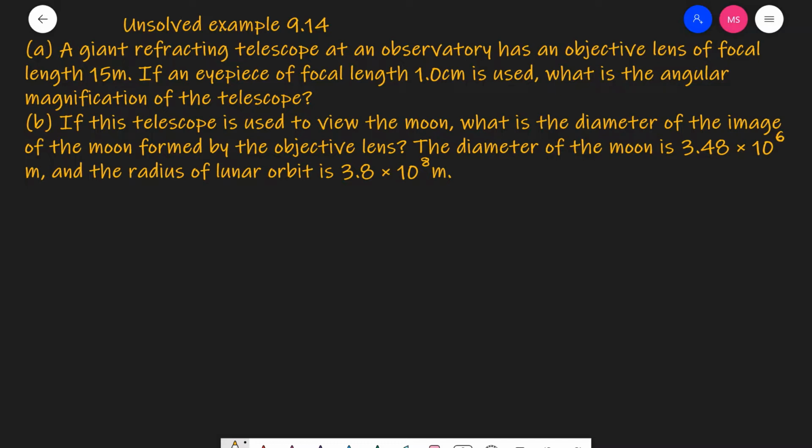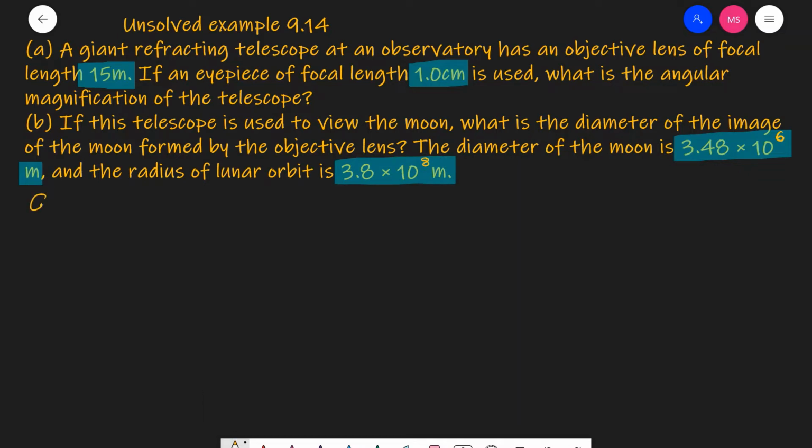power 8 meter. So, in this example, focal length of objective is given as 15 meter while focal length of eyepiece is given as 1 centimeter. Also, the diameter of moon is given as 3.48 into 10 to the power 6 meter and the lunar radius is given as 3.8 into 10 to the power 8 meter.